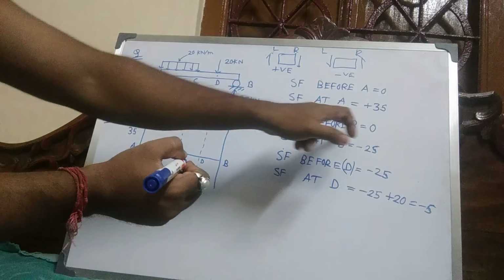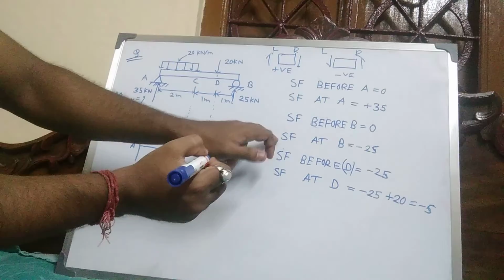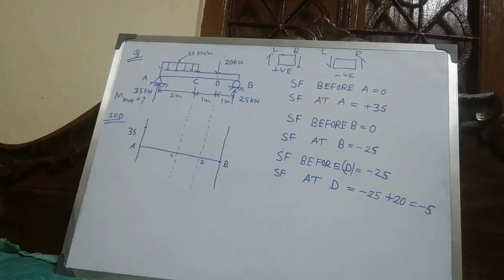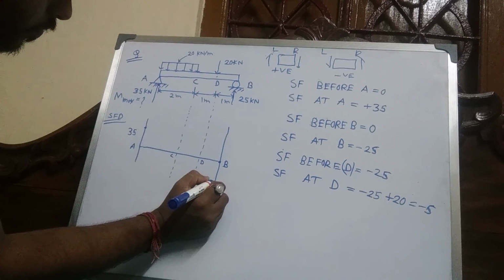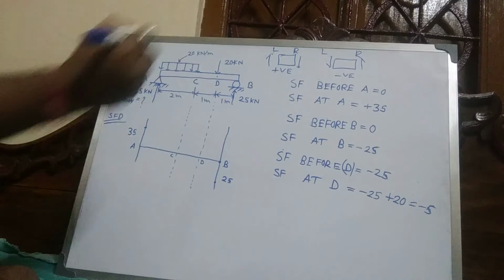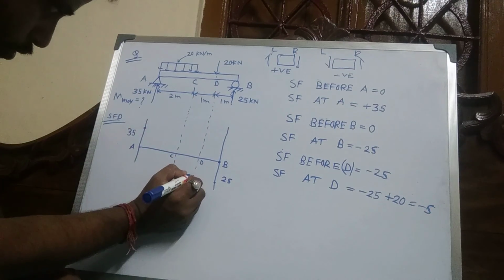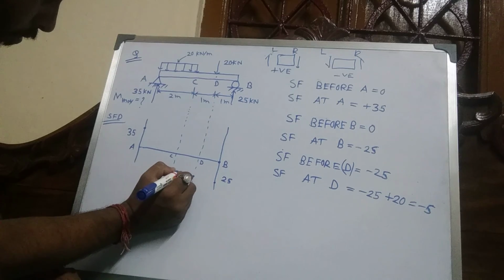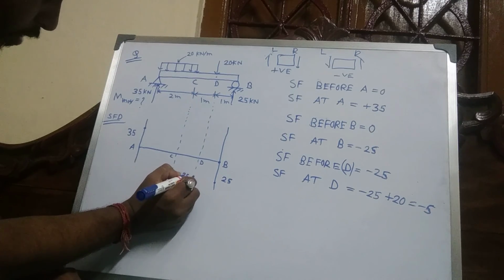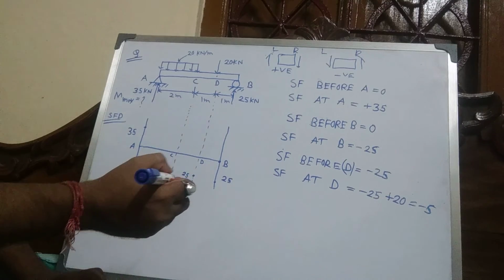Shear force before B is 0, shear force at B is minus 25. Shear force before D is 25, minus 25, and shear force at D is minus 5.